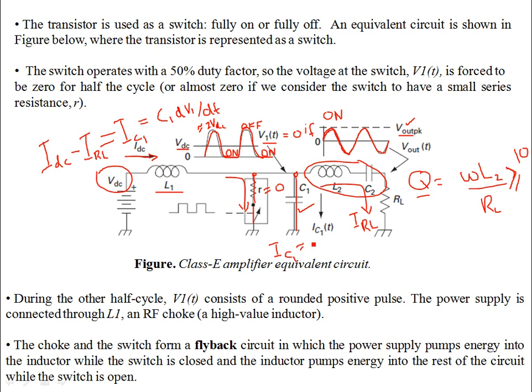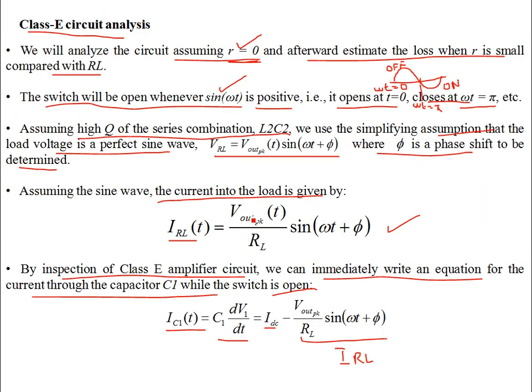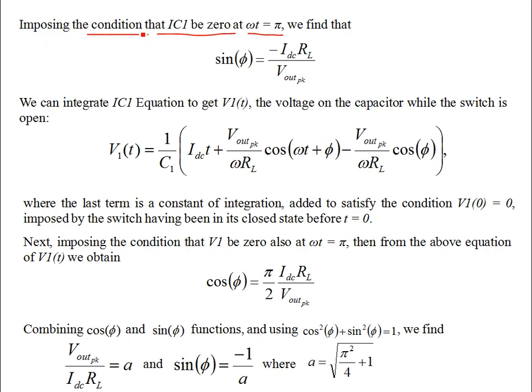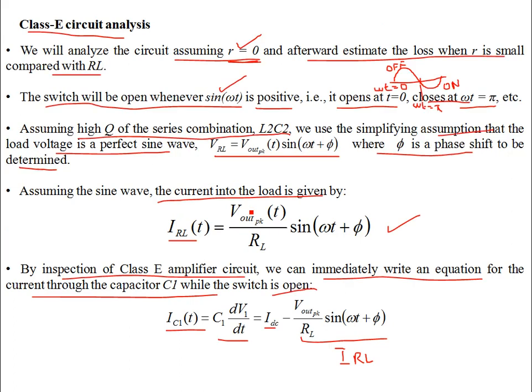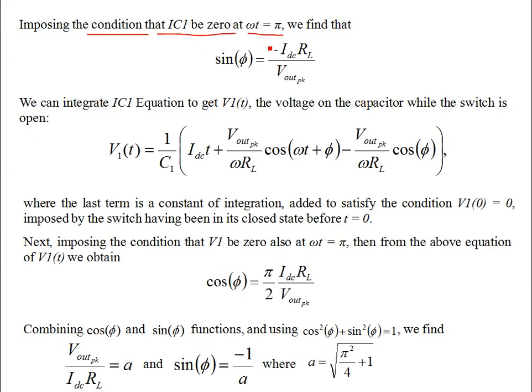We assume that negligible current flows through the capacitor; it doesn't need to, it flows through the short-circuit shunt branch once the switch closes. That is exactly what is happening. So with the condition that IC1 is 0 once the switch closes, at omega t equal to phi we find that sine phi is given by this expression.